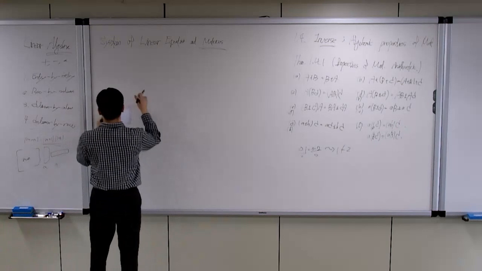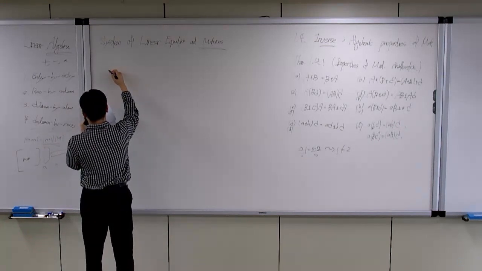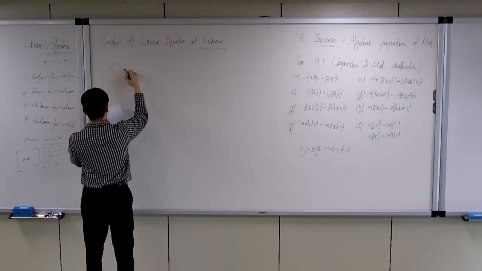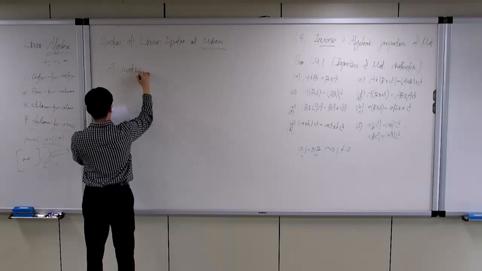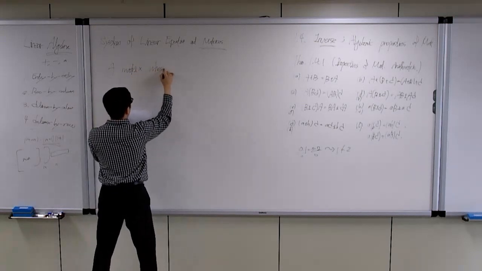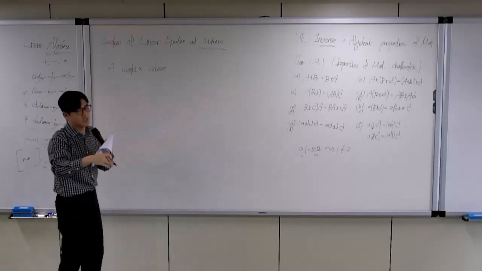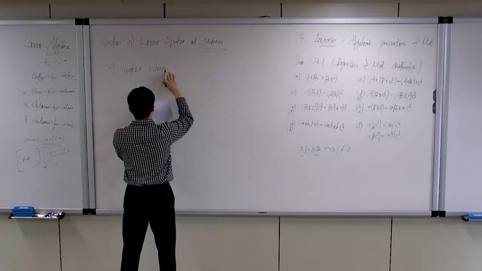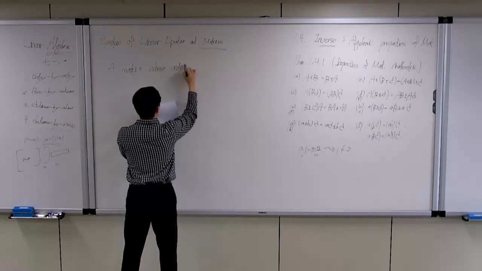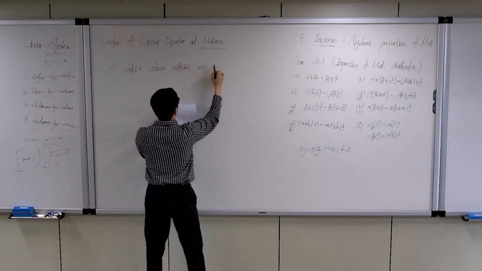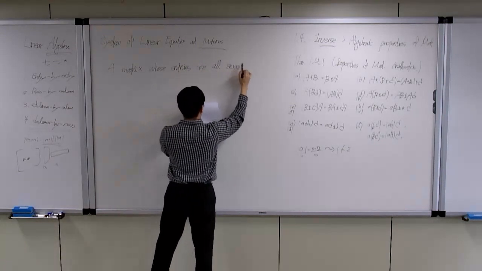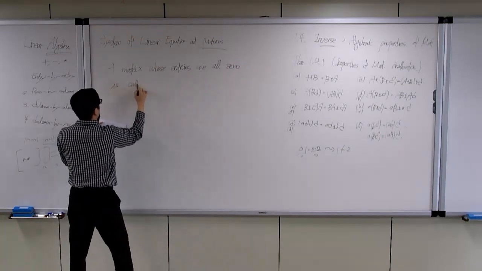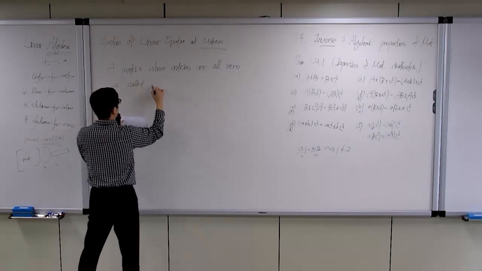So I will define what 0 is. It is simple. If all entries are 0, we say it is a 0 matrix. A matrix whose entries are all 0 is called a 0 matrix.